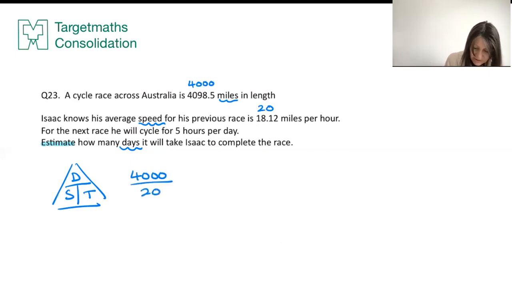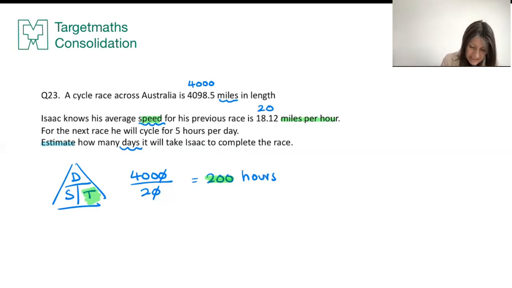So when I cancel this through, 2 into 400 is 200, that's telling me it's going to take 200. And this is where we need to make sure we know what we're working on. Our speed was miles per hour. Miles per hour tells me that 200, the time, must be hours. So now I've got to be thinking about the fact that he's only going to be traveling for 5 hours every day.